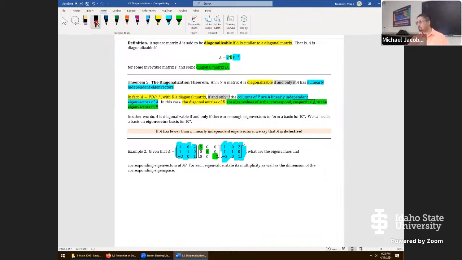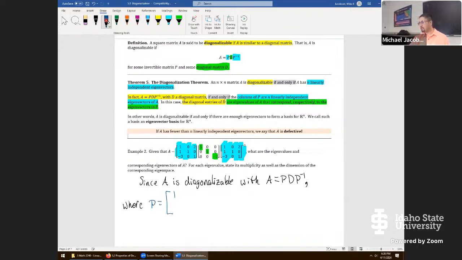We can say that since A is diagonalizable, with A equals PDP inverse, where P equals [1, 1, -3; 0, 1, 0; 2, 0, 1], and the diagonal matrix D is [5, 0, 0; 0, 5, 0; 0, 0, -2].